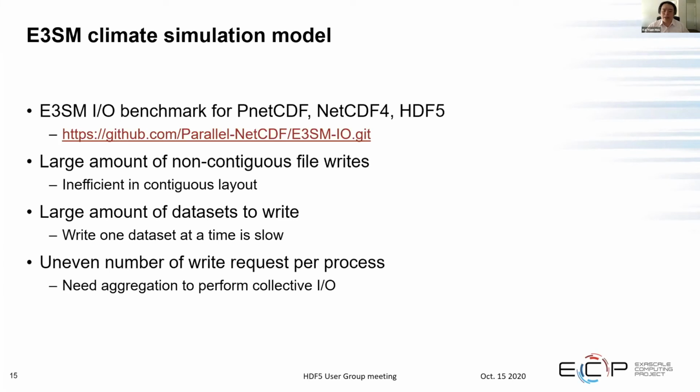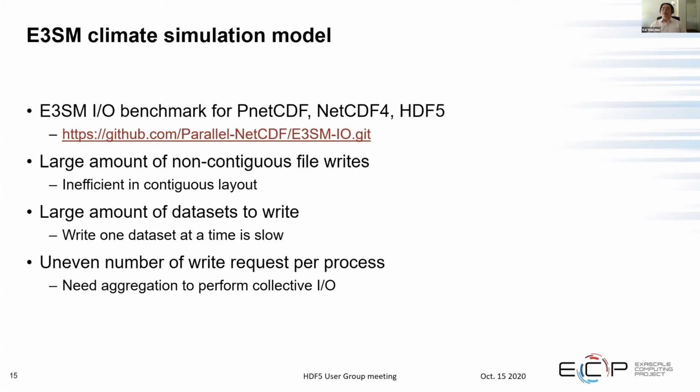Also, it has a large number, like hundreds of datasets to write. The data is spread across hundreds of datasets. And to make things worse, the number of dataset write requests per process is different.